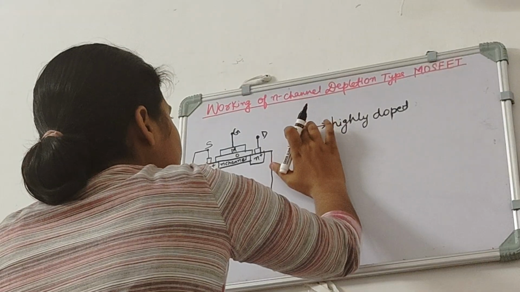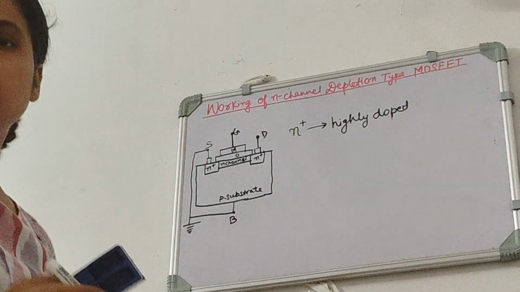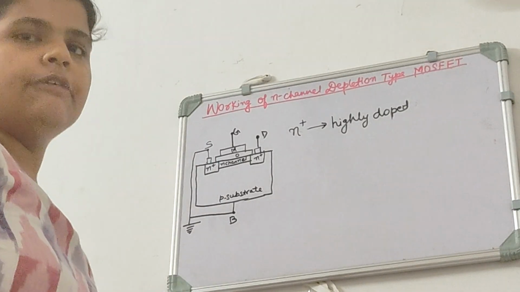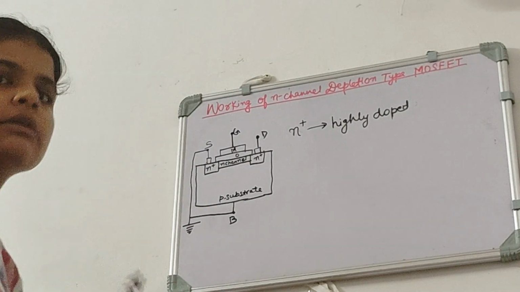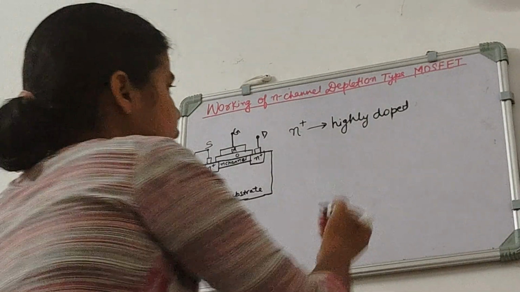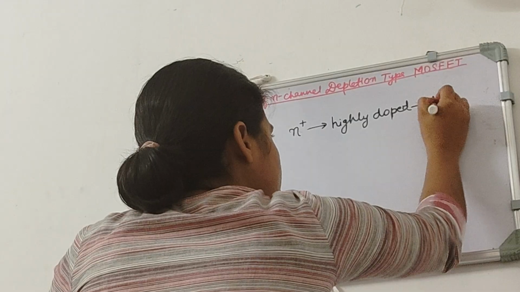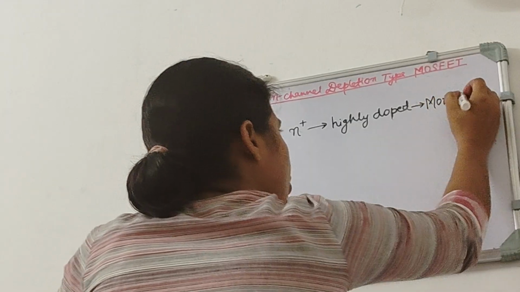So why do we dope any semiconductor? We use doping for increasing the conductivity, that is, for increasing the conduction. So if it is highly doped, it means it will have more conductivity.